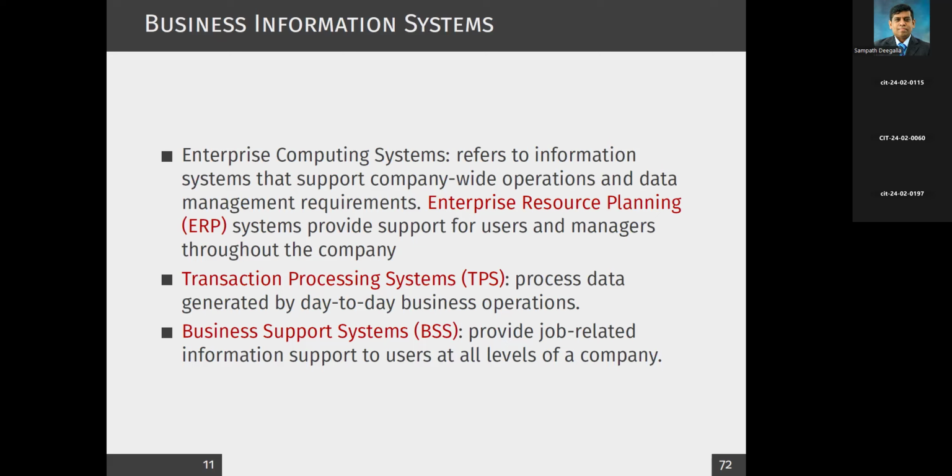Now, saying that, you can see there are a lot of different types of information systems out there, right? And if you look at handling everything in an organization, so if you're using software to handle the entire organization, we normally call these types of software ERP software.